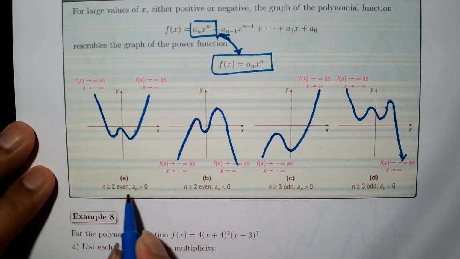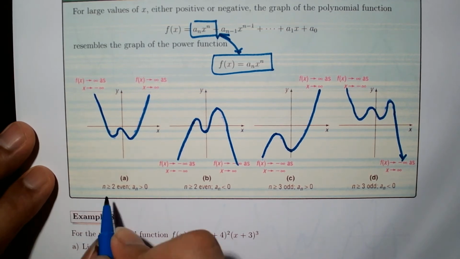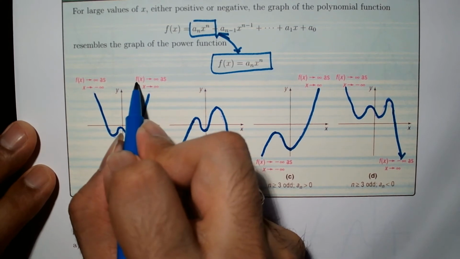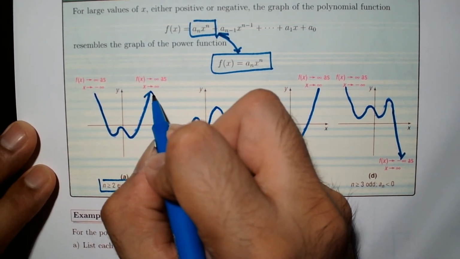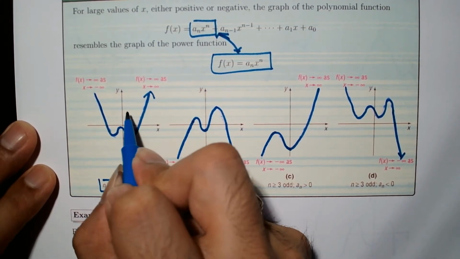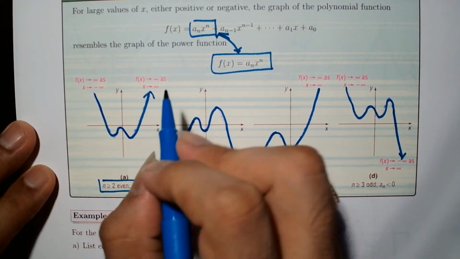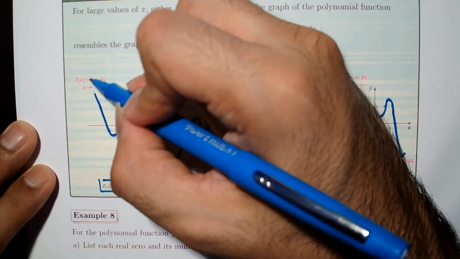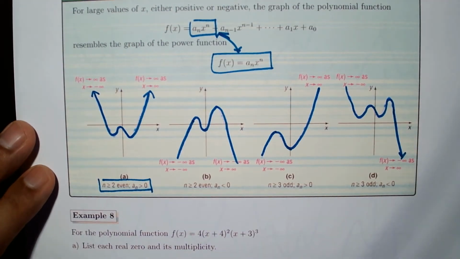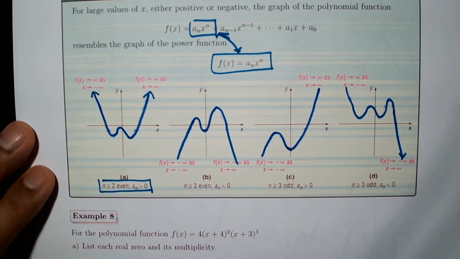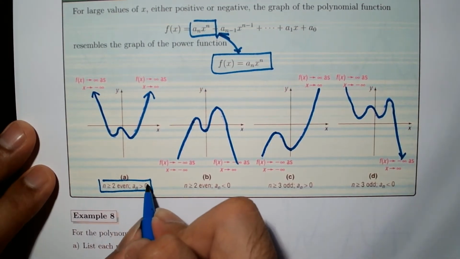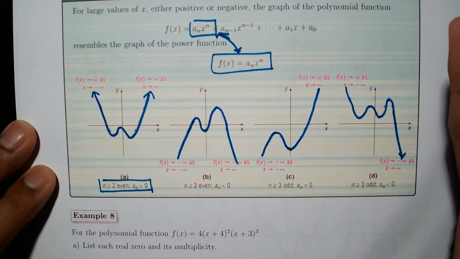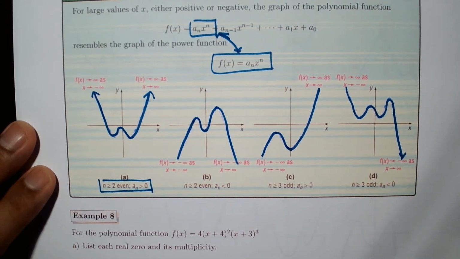I'm going to start with the even degrees. When the degree is even, f of x is going to go all the way to positive infinity as x goes to positive infinity, and when we move back to negative infinity, f of x is still going to go to positive infinity. This happens when the leading term a sub n is greater than 0, that is, the leading coefficient is a positive number.